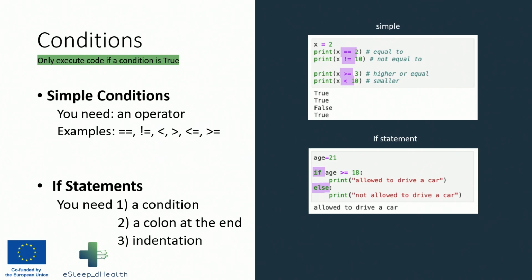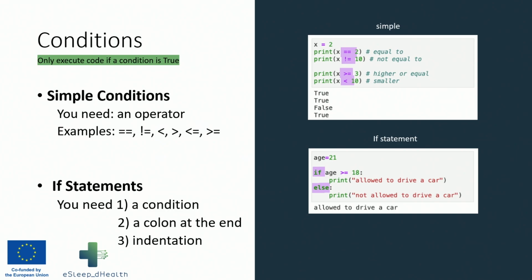So basically in the first part of this code block, we check the age of a person. If it's greater than 18, then we can print allowed to drive a car. And now this if statement could already be done. So this would be enough for an if statement.